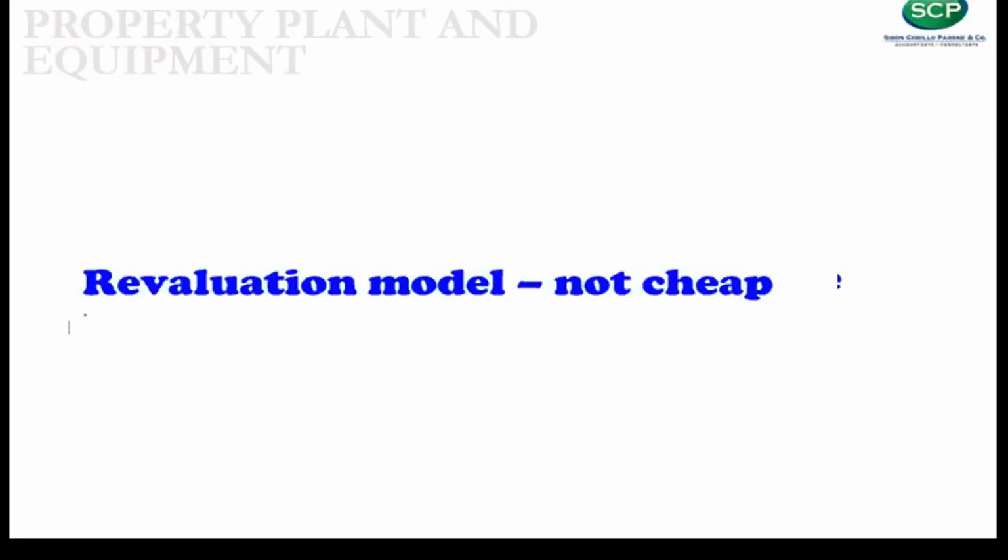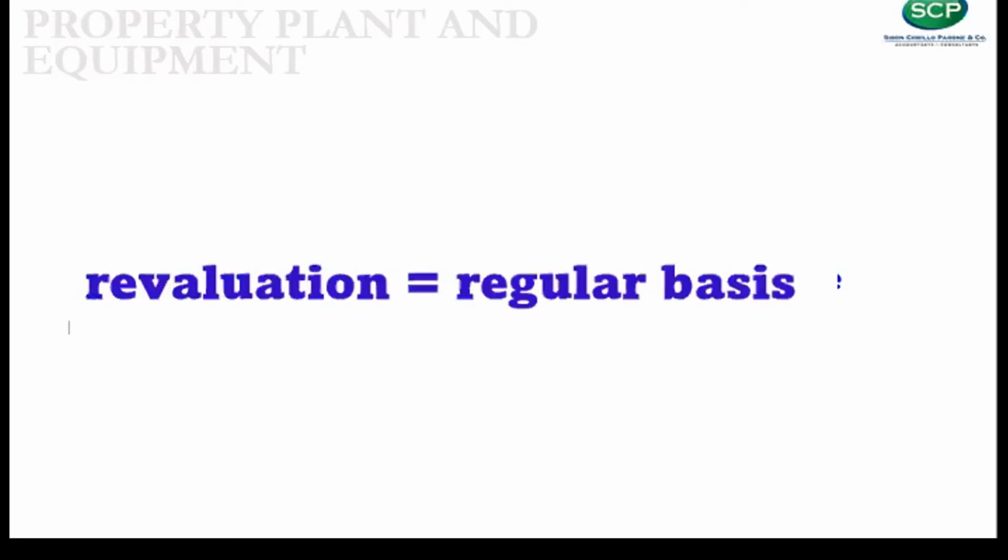PAS 16 requires that revaluation be made with sufficient regularity to ensure that the carrying amount of the revalued fixed assets does not differ materially from the fair value at the end of the reporting period. So just imagine the additional cost these companies incur to determine the fair value of their fixed assets. Accordingly, unless deemed necessary by a company, fixed assets are generally carried at the cost model here in the Philippines.